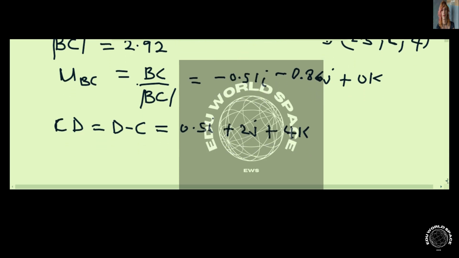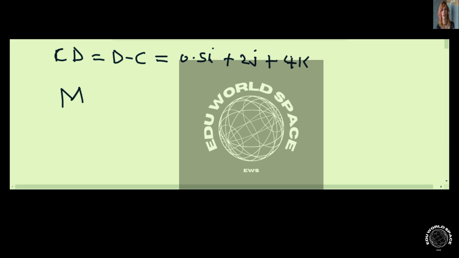So now you can bring them into the matrix equation, into the determinant system. To do that, you are going to have your M to be equal to something like this. For the unit vector it is minus 0.5, minus 0.86 and 0.